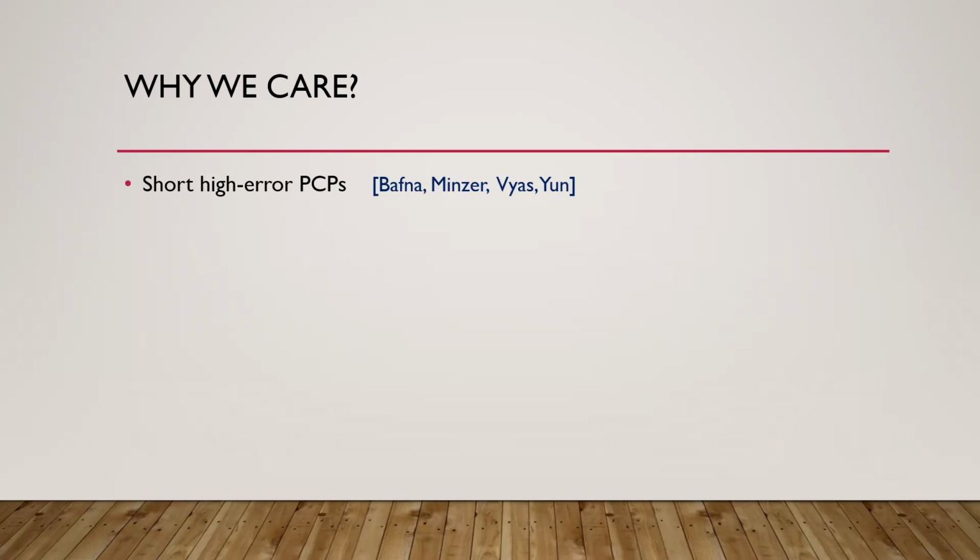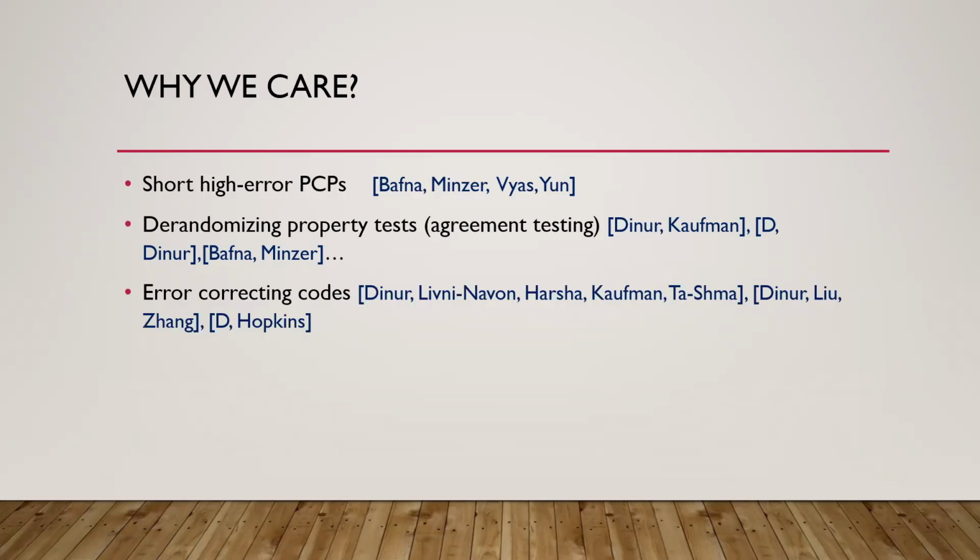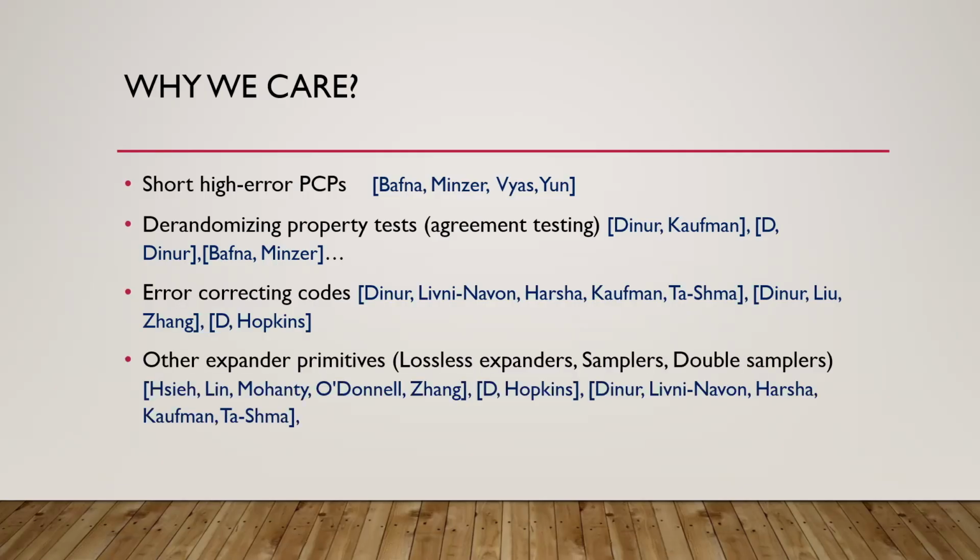Mitali told us yesterday about these short high error PCP constructions coming from HDXs. There are also HDXs that are used to de-randomize interesting property tests like agreement tests, constructing interesting error correcting codes, and even constructing other expander primitives, such as the lossless expanders that Rachel just told us about.